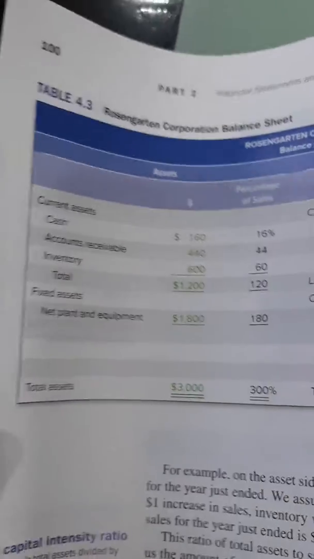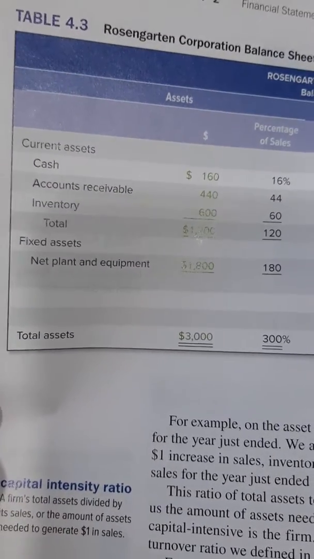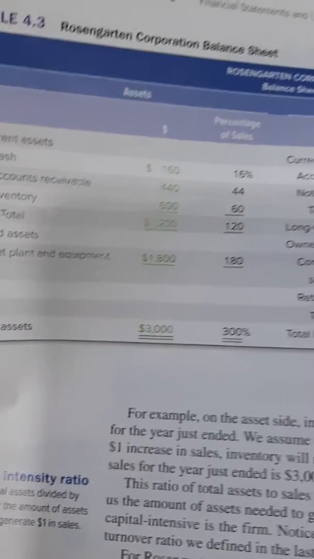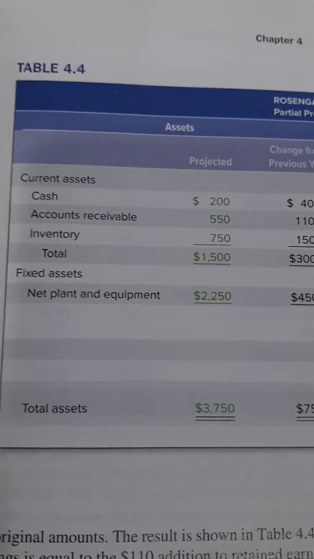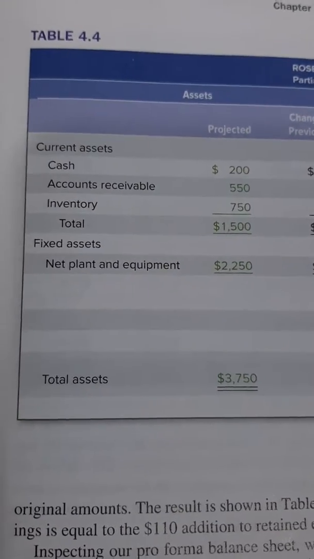Let's say for example cash. During the current year, cash is $160. However, the cash in the pro forma balance sheet is 200.